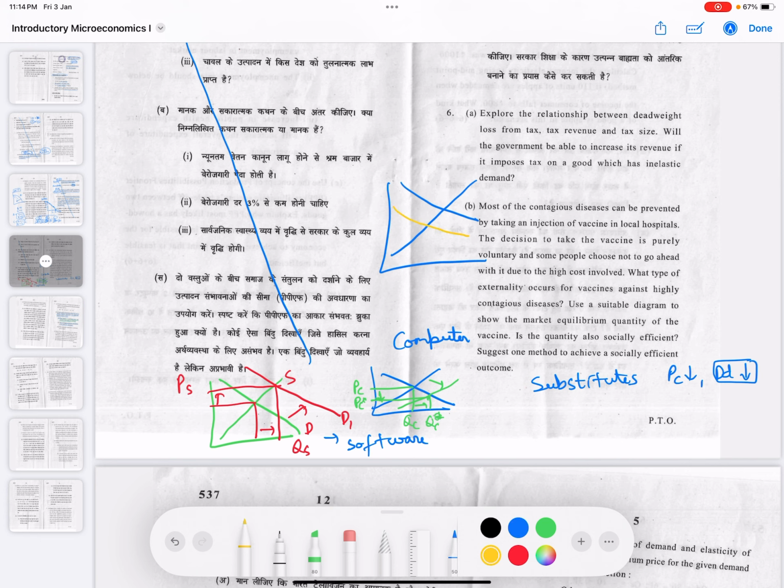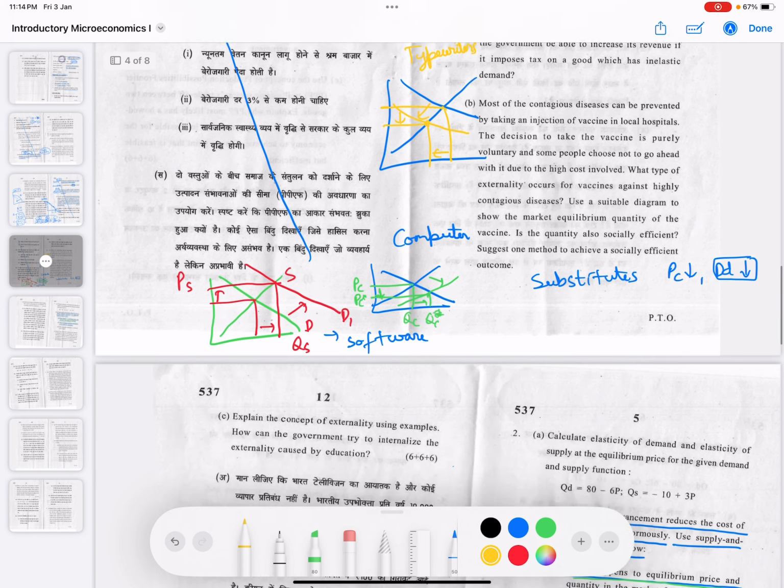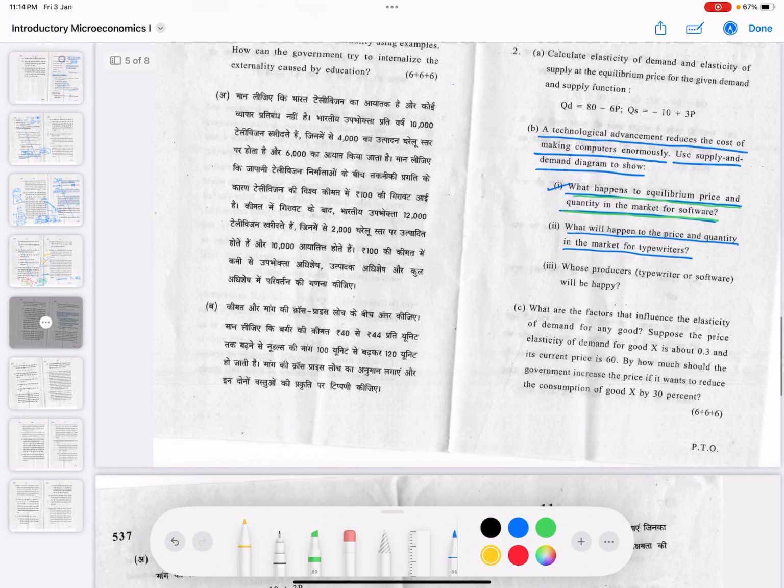So this is the market for typewriters. So the price falls and so does the quantity. So both of them have fallen.